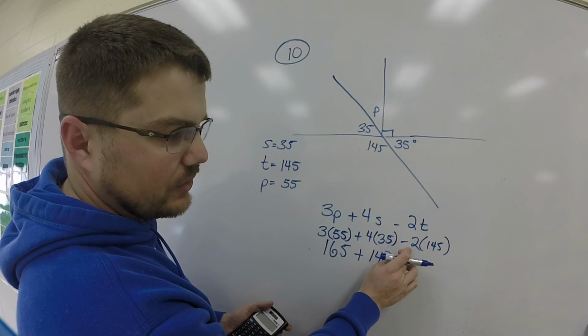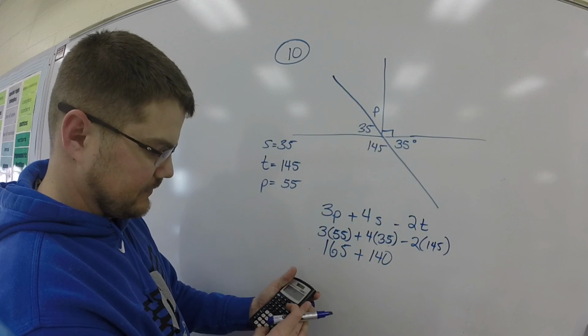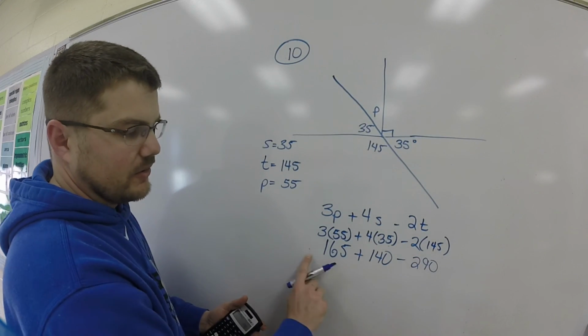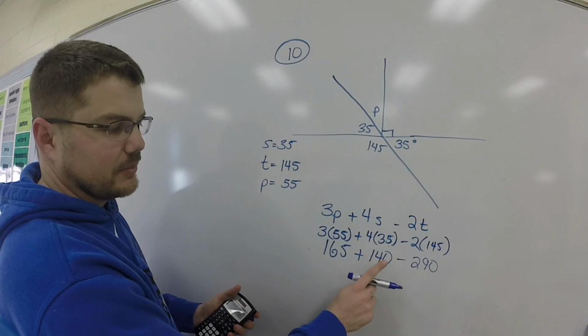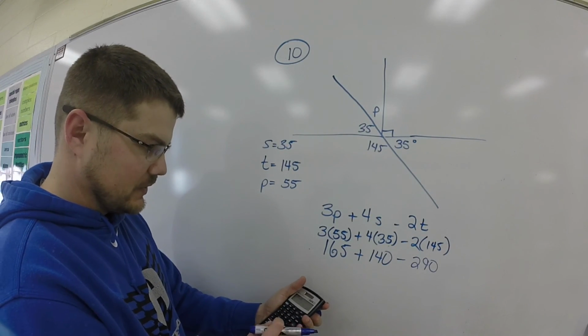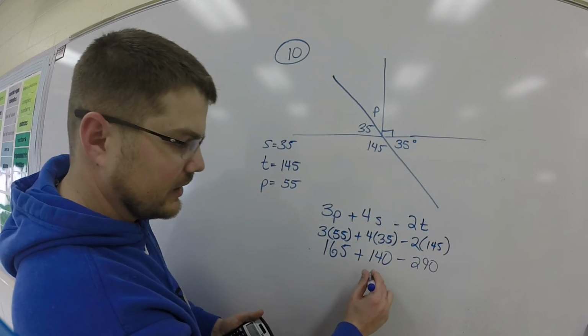And negative 2 times 145, it's going to be negative 290. Now, let's do this 165 plus 140 minus 290, and we'll have our answer. It gives us 15.